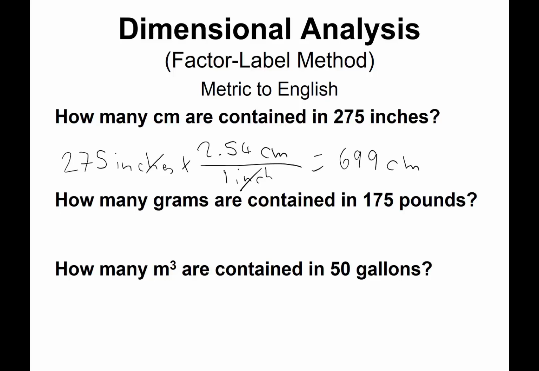How many grams are contained in 175 pounds? Single step, we know that 1 pound equals 454 grams.